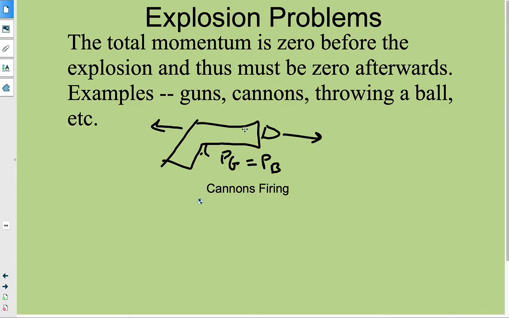They'll just always be in opposite directions. So one would be in the positive direction, one would be in the negative. So the mass of the gun times the velocity of the gun is going to equal the mass of the bullet times the velocity of the bullet.